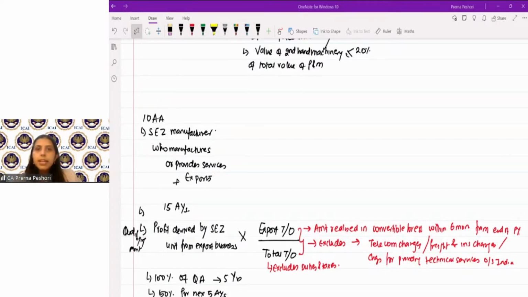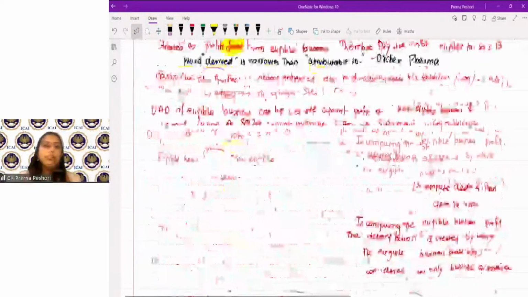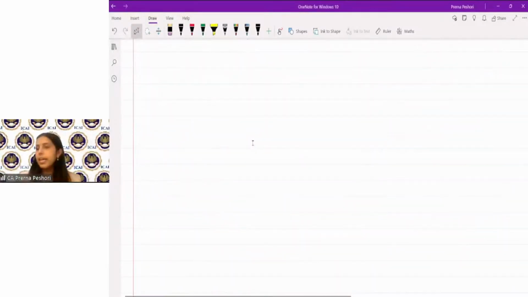Then 80M, 80P and 80PA, 80QQB, 80TTA, we can just cover it now, 80RRB. So small ones, I'm covering it now. We'll just extend for 5 minutes and then we will close the session. So then only 80JJAA, 80P, 80PA will remain.